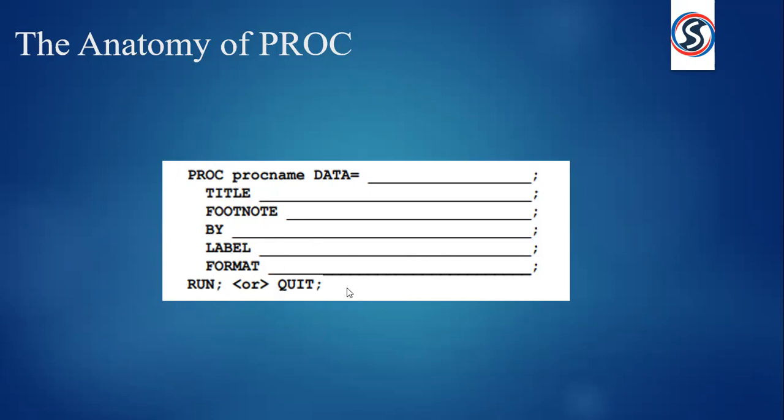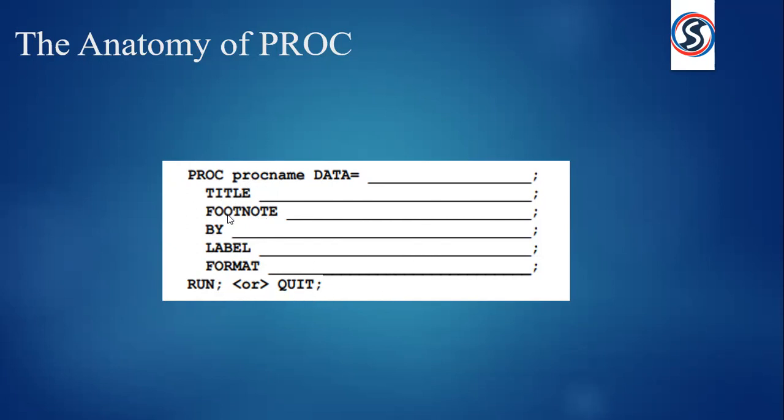So if you see, my step has how many different statements? 1, 2, 3, 4, 5, 6, 7. Seven statements are there. I have a PROC statement, a title statement, a footnote statement, a by statement, a label statement, a format statement, and a run or quit statement here.